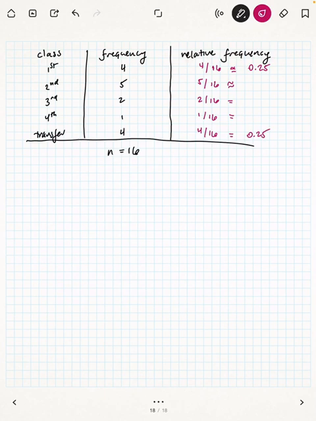So pull out your calculator, whatever you have. I am using my phone calculator because we don't need much more than that. Now 5/16, that's 0.3125. 2/16 is 0.125. And 1/16 is 0.0625. Okay. So remember, no more than 4 places after the decimal. I added the zeros just for the sake of clarity and so that it all looks the same.